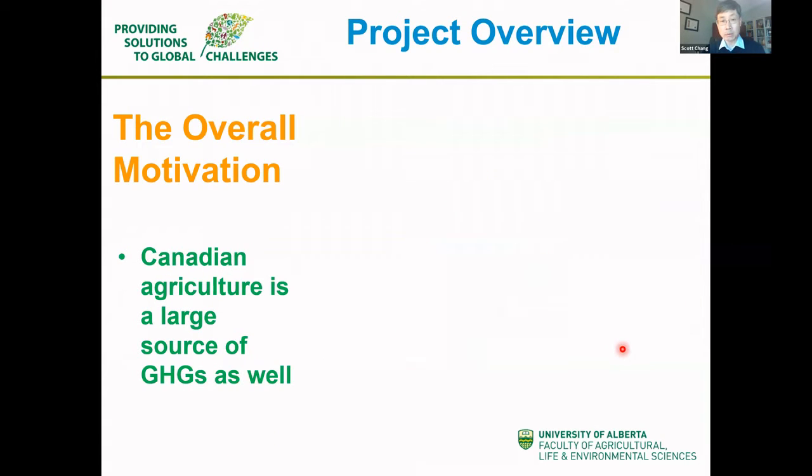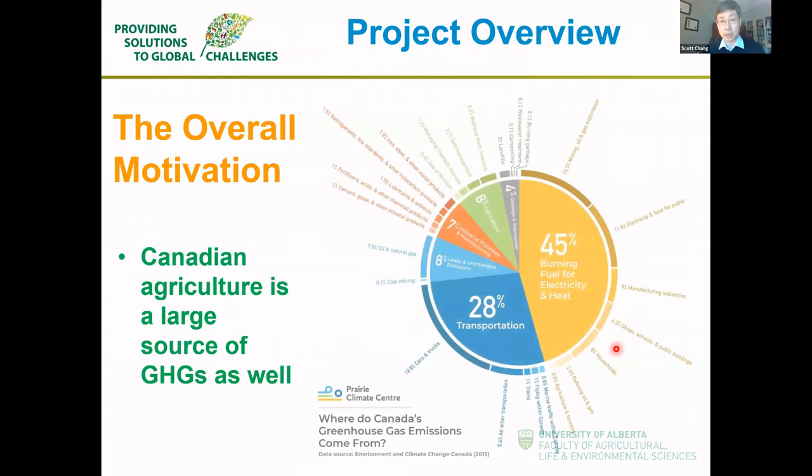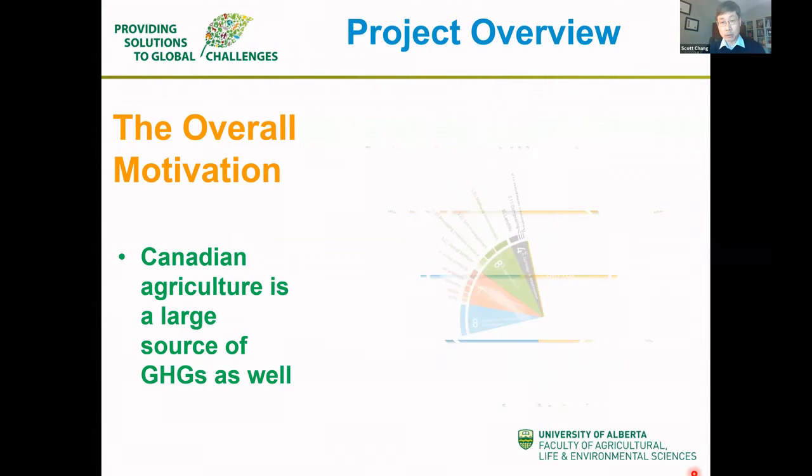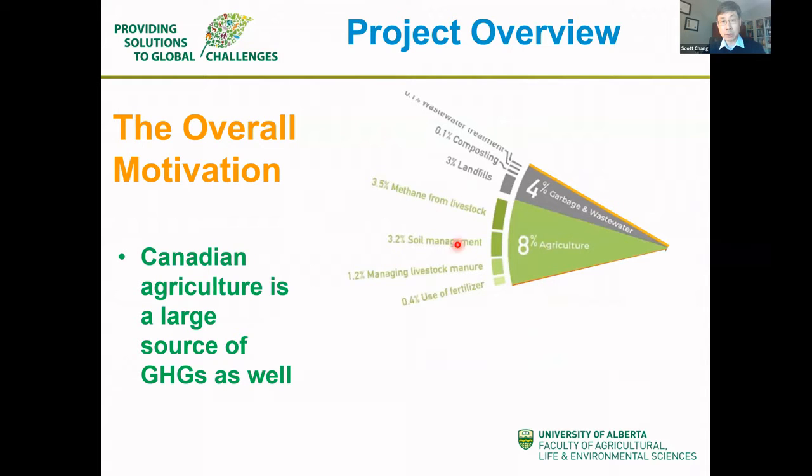In the Canadian situation, the estimate is that agriculture contributes about 8%, and obviously the accounting is quite different. Here in Canada, it's 8%, with some estimates up to 10%, including methane emissions from livestock, soil management, managing livestock manure, as well as the use of fertilizers as sources of contribution in agriculture.